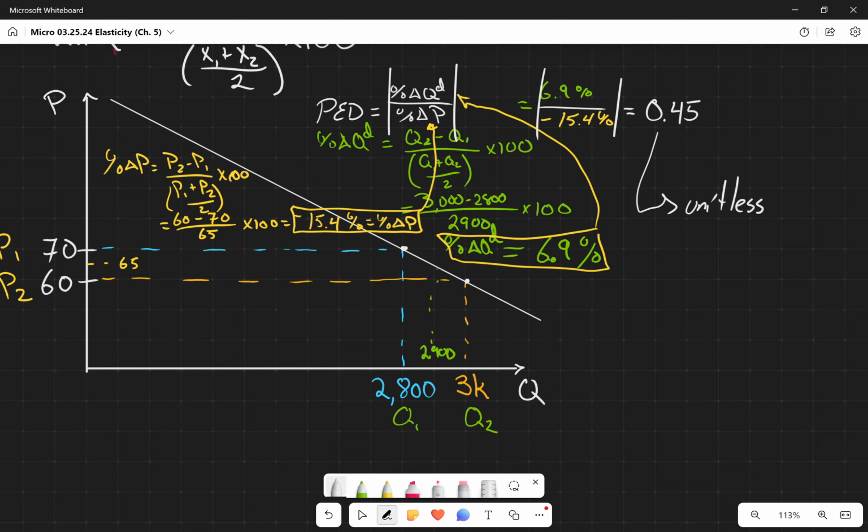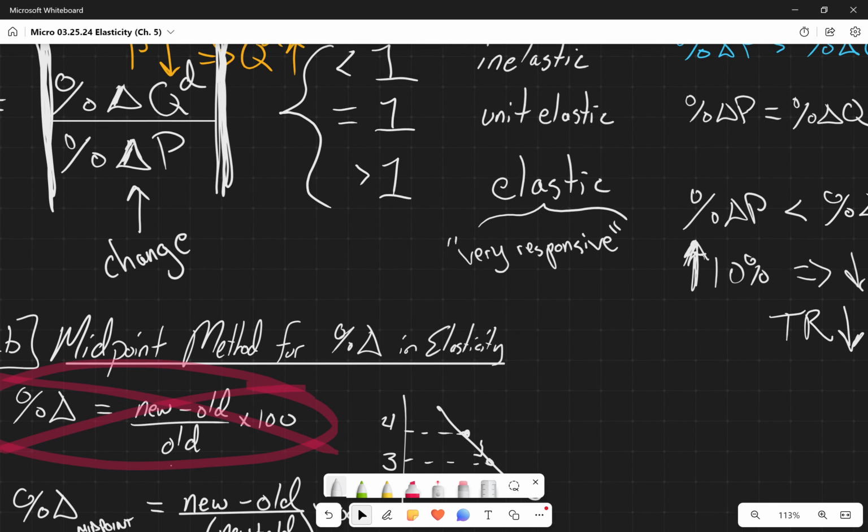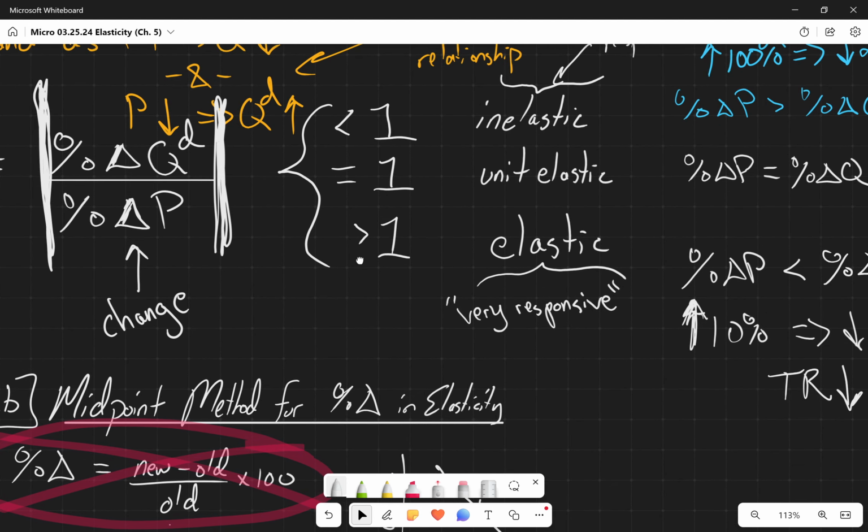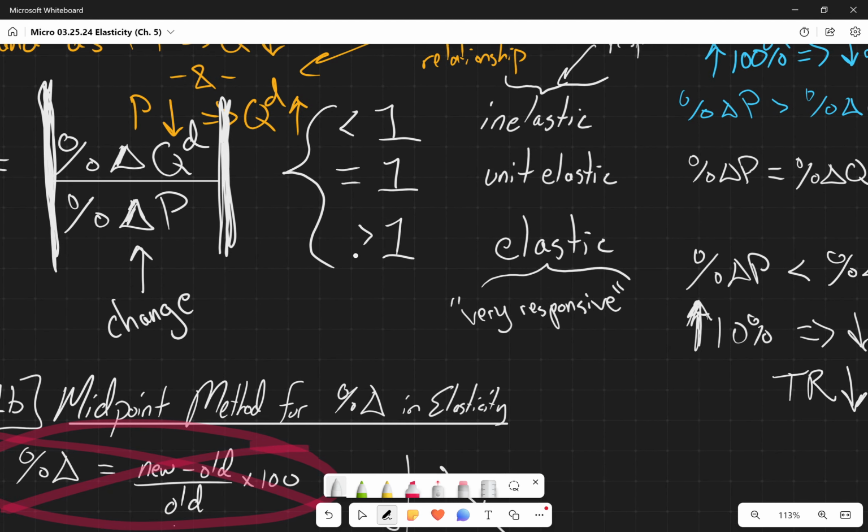Now we can then classify this elasticity into one of 3 categories, right? We can figure out if this is elastic, unit elastic, or inelastic, depending on where this falls compared to 1. If it's less than 1, it's inelastic. If it's equal to 1, it's unit elastic. And if it's greater than 1, it's elastic.